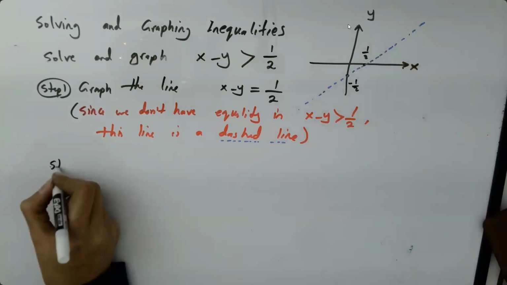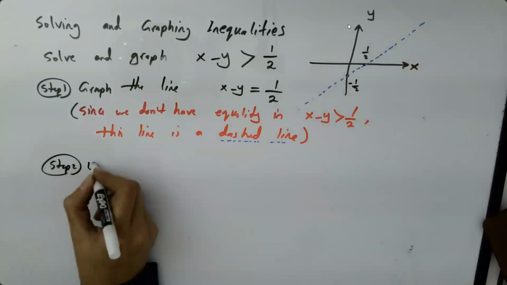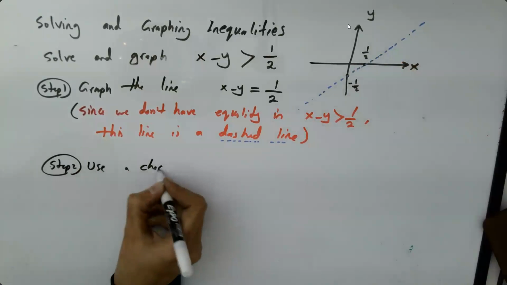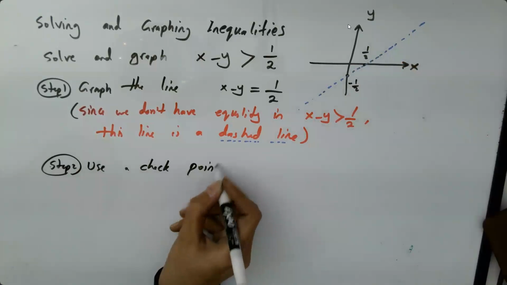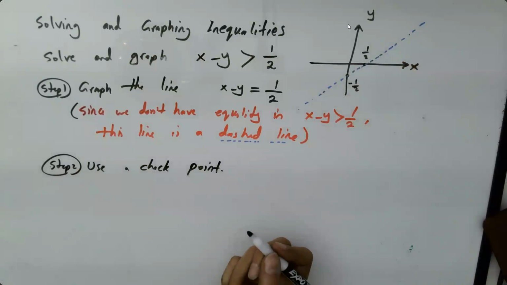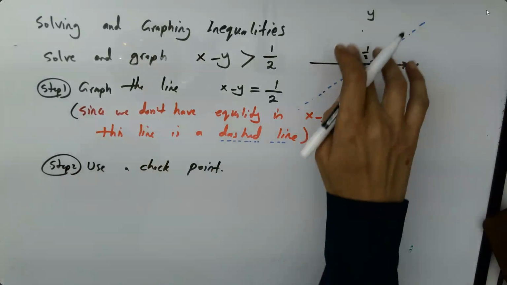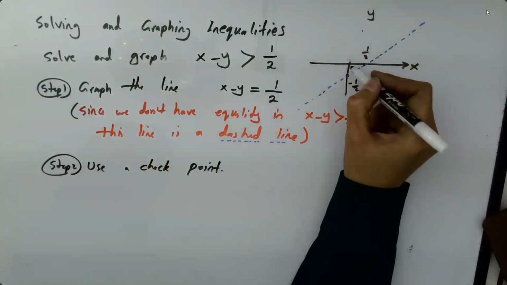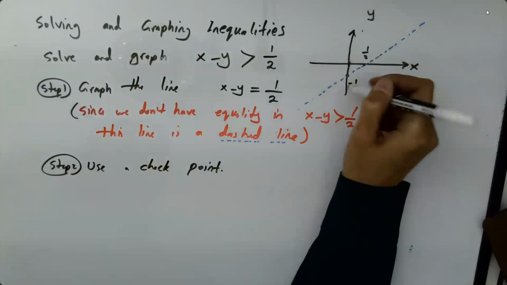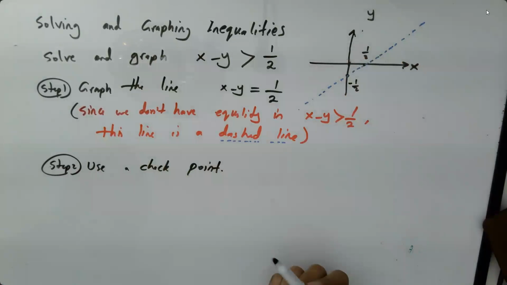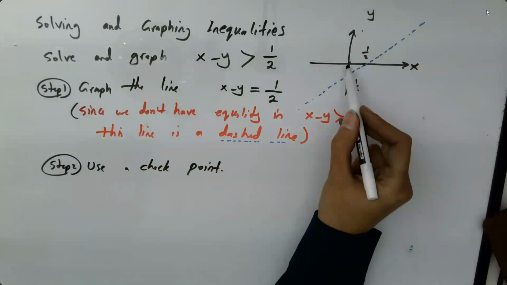Step two, use a checkpoint. Okay, a checkpoint, you're going to use a representative that is or is not a solution of this inequality. Suppose I take 0 and 0 again.